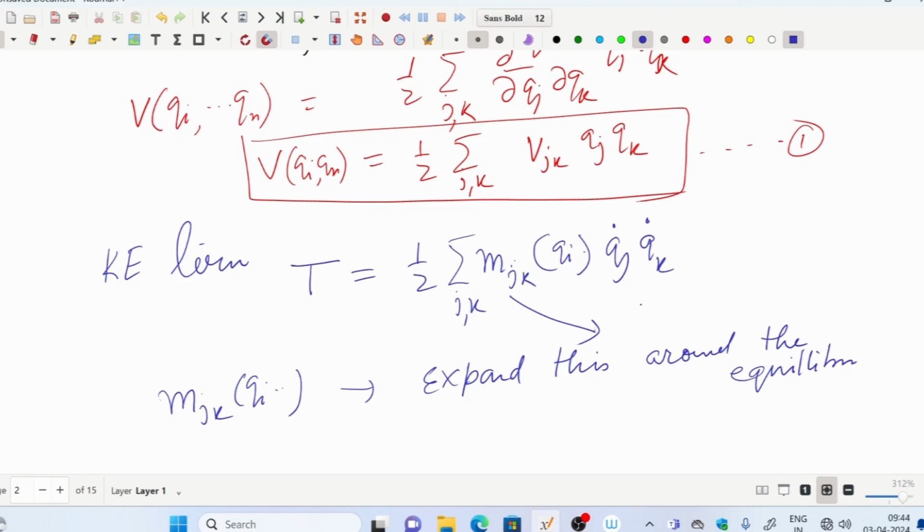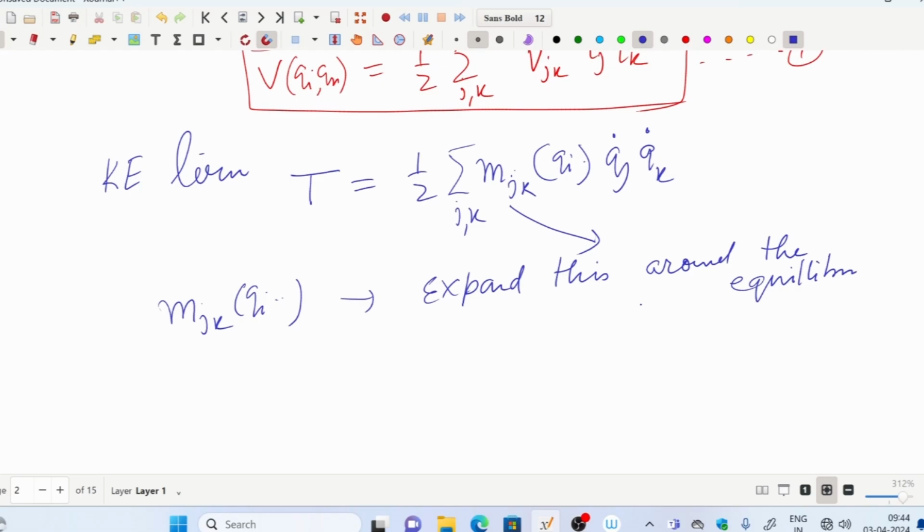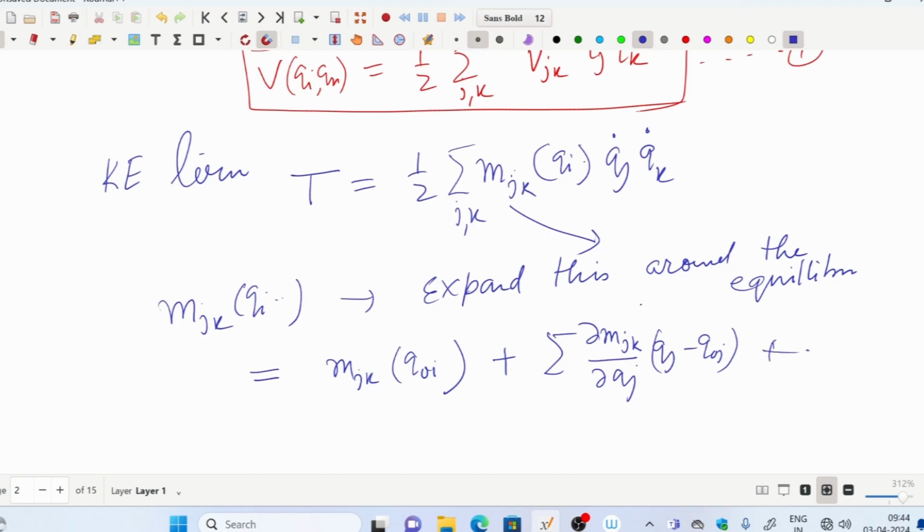So it will have the expression mjk at 0, that means at the equilibrium, plus the Taylor series expanded terms, with qj minus q0j and so on.